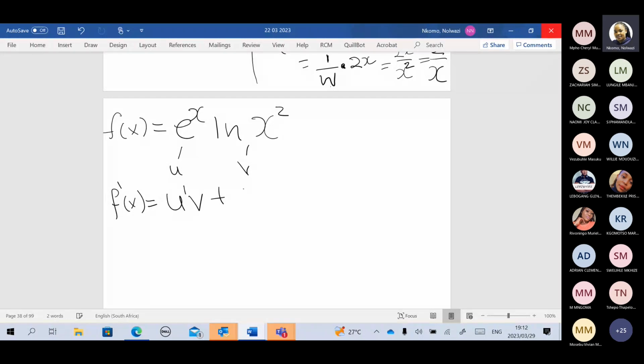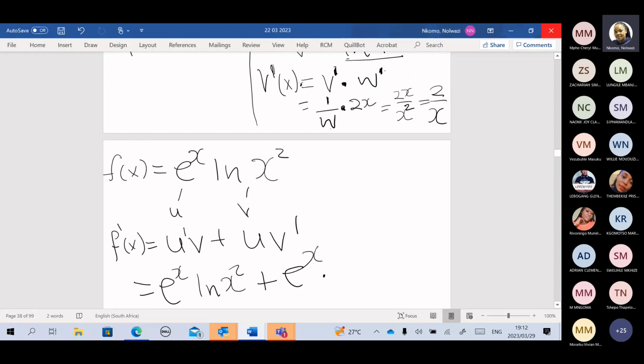Our u is e to the power x. We said the derivative of e to the power x is e to the power x. And our v is ln x squared, right? Plus our u is e to the power x, times our v prime. Our v prime is 2 over x.